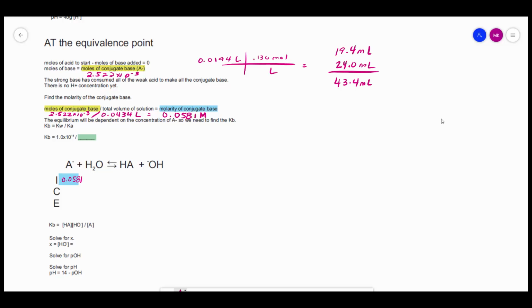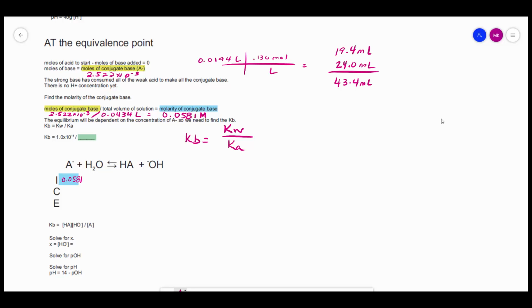Because we have consumed all of that weak acid. We have consumed all of that strong base. So what we have done is pushed everything over to the conjugate base, the A minus. And because everything is going to be dependent on A minus, it's going to be the reactant now. And when it's the reactant, then we're focused on the Kb, not the Ka. So the Kb is related to the Ka by Kb is equal to Kw over Ka.